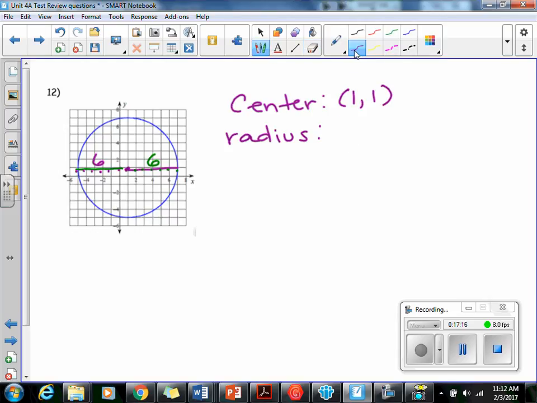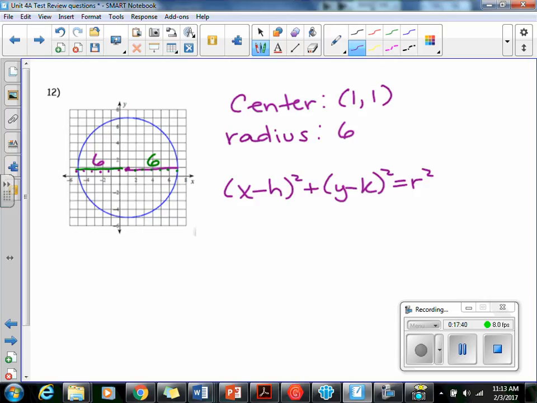Now, we already know the length of the radius is 6. So to write the equation of the circle, don't forget your standard form. X minus h squared plus y minus k squared equals r squared. And then you just plug in. So remember, when you plug in, you keep the numbers and do what to the signs?